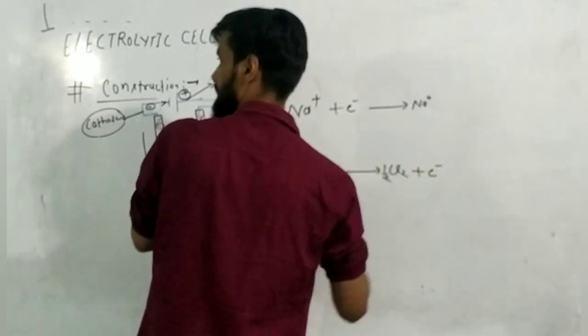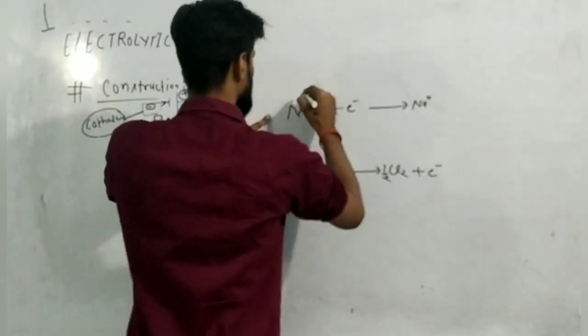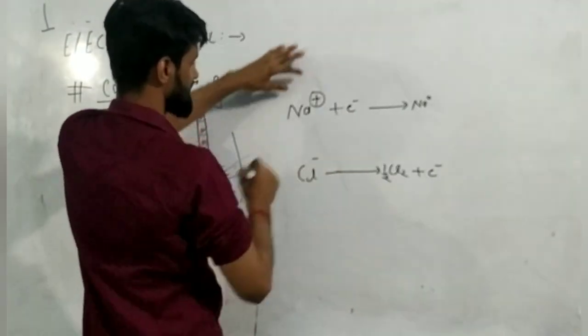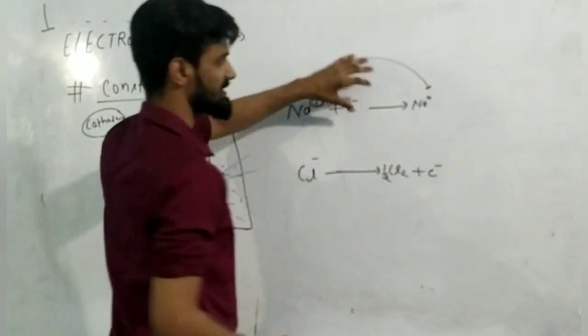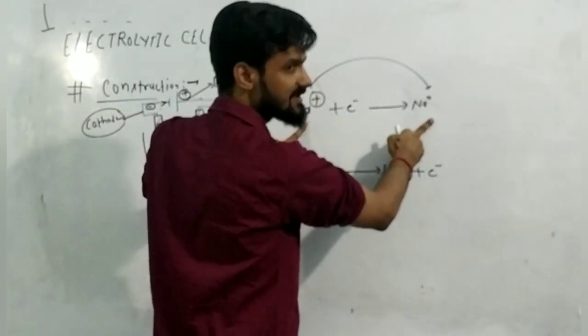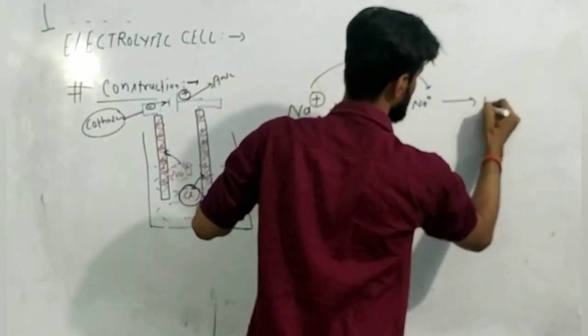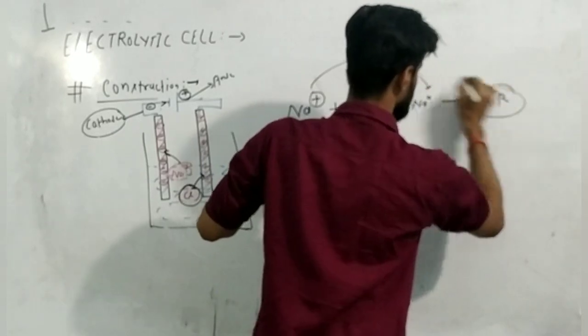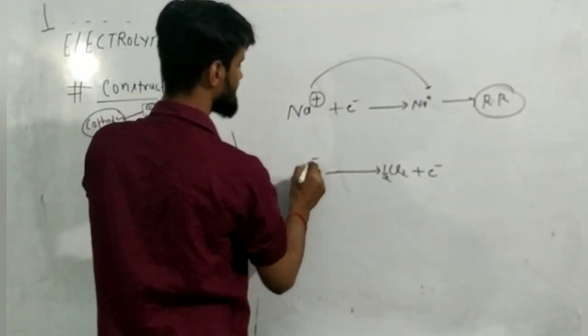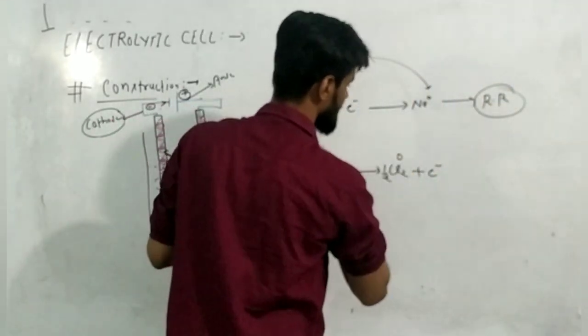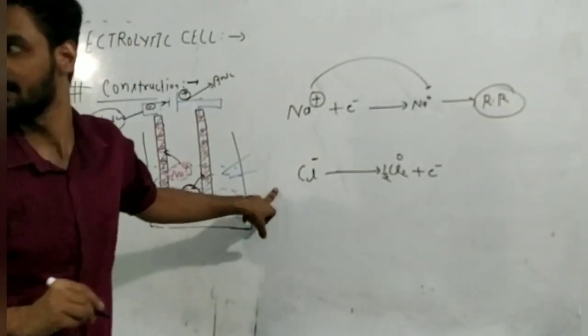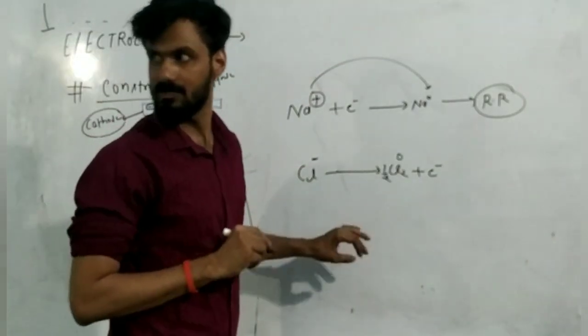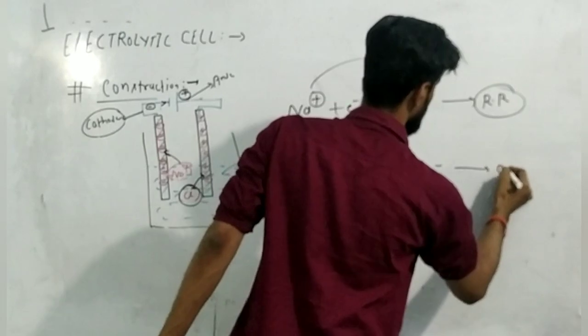Since sodium is in the +1 oxidation state and is getting converted into 0 oxidation state, there is a decrease in oxidation state, and that reaction will be called the reduction reaction. Now chlorine is in the -1 oxidation state and is getting converted into 0 oxidation state, so this will be called the oxidation reaction.